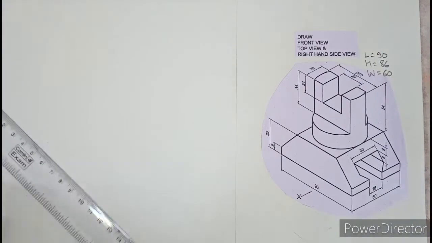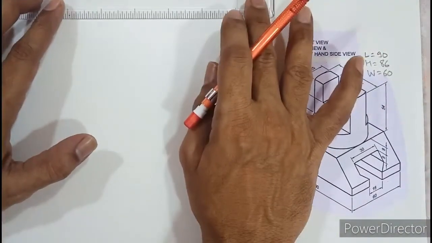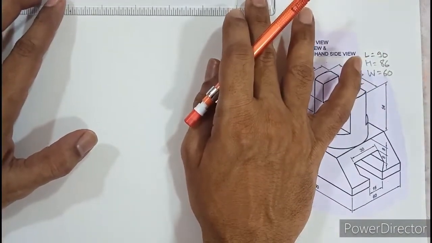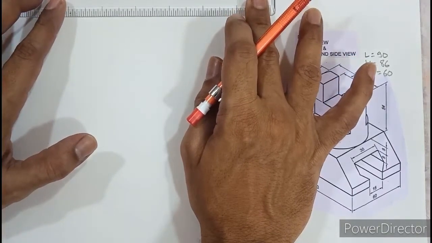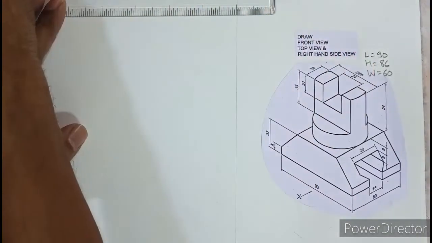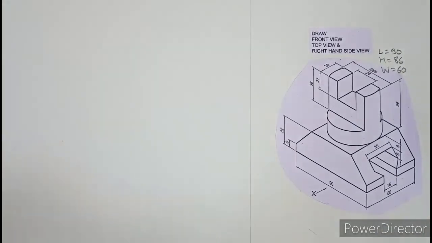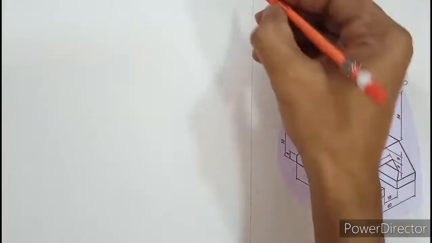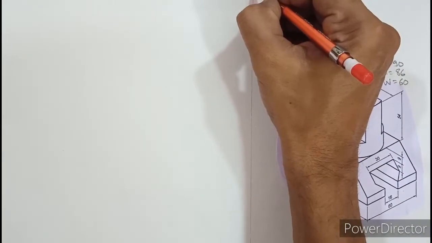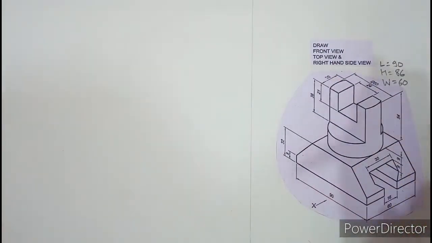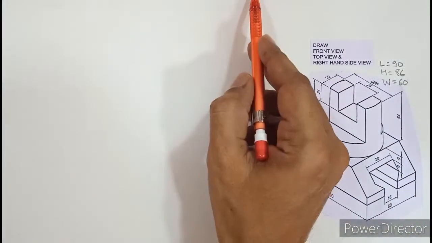Okay, and roughly from here, so I have drawn 2 light lines which are perpendicular. Okay, and the intersection of these 2 lines will be my starting point from where I'm supposed to measure and draw.